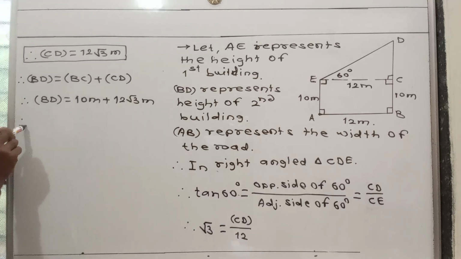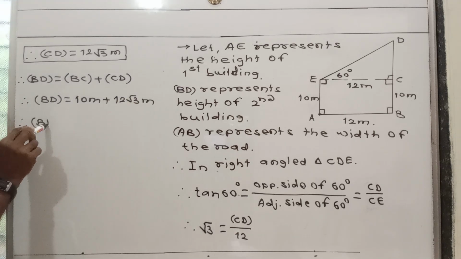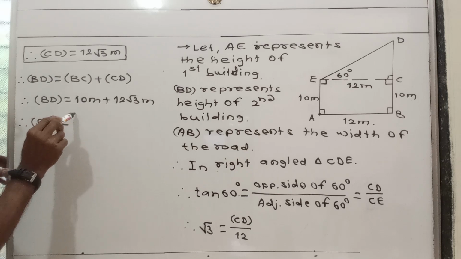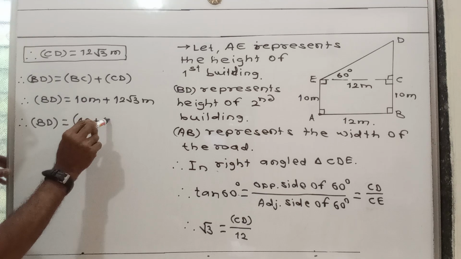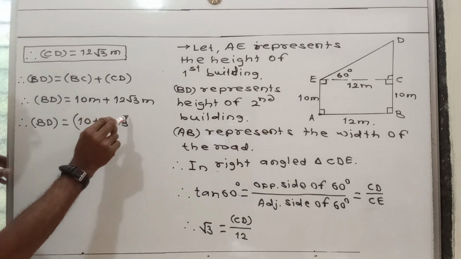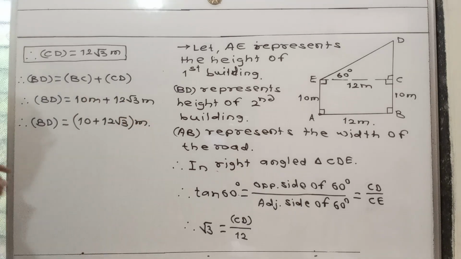Means total we write here, see this, BD is equal to 10 plus 12 square root of 3, and this meter outside. Did you get it?